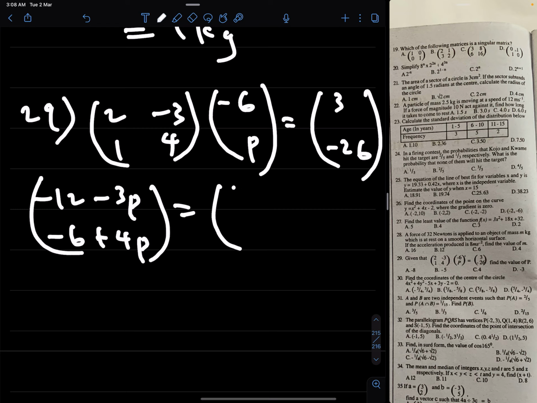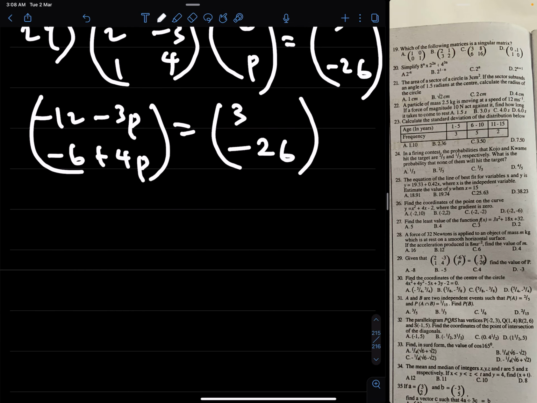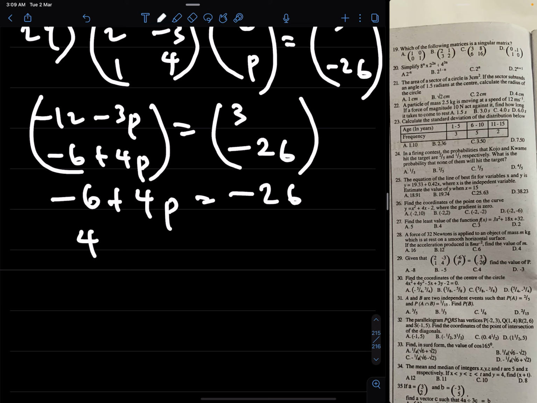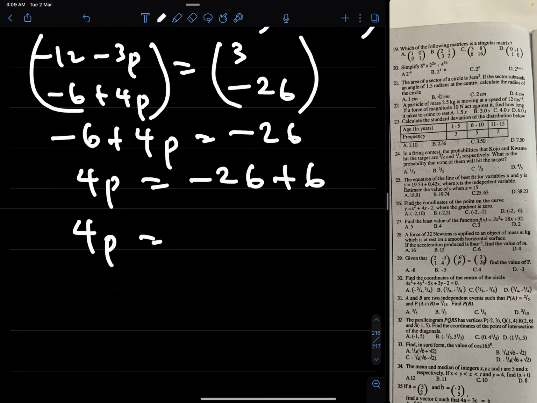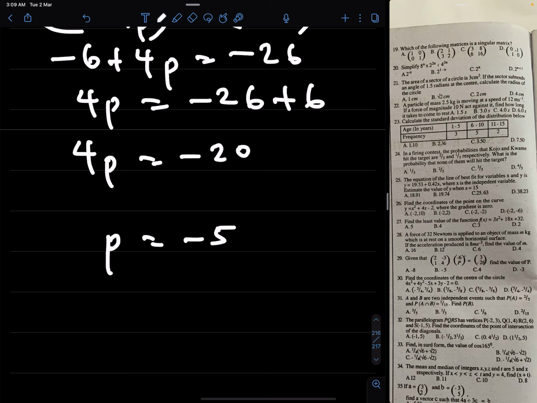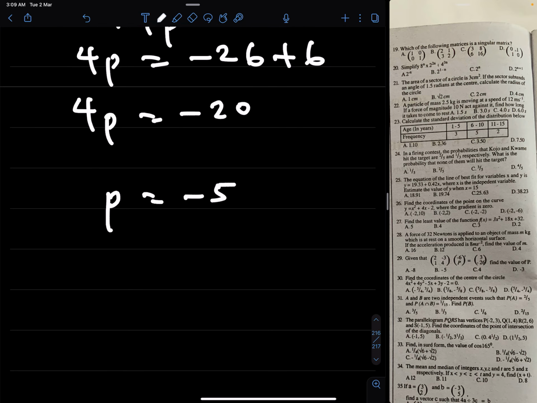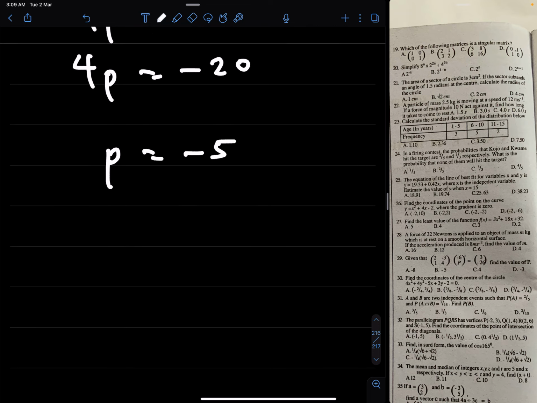When you compare the elements in the two matrices, minus 6 plus 4p will be the same as minus 26, and that means 4p equals minus 26 plus 6, which means 4p equals minus 20, and p is therefore minus 5 when you divide both sides by 4. That's B, obviously.